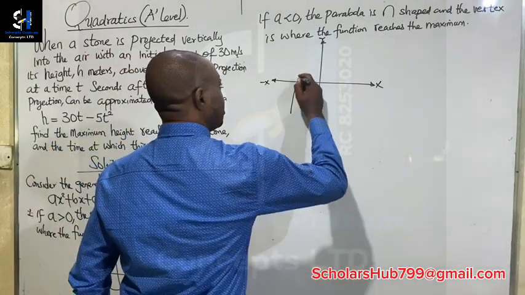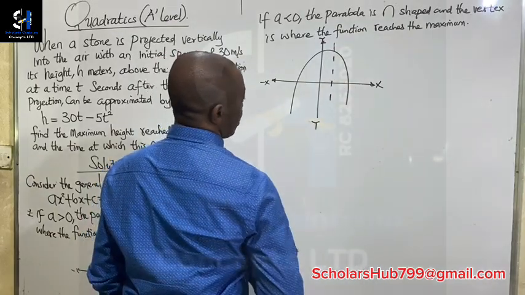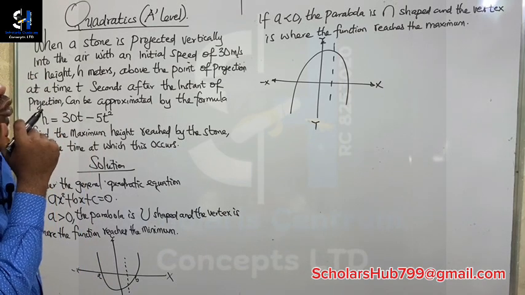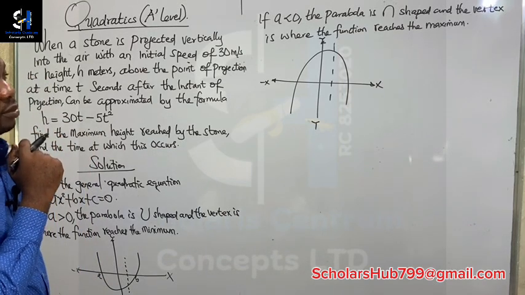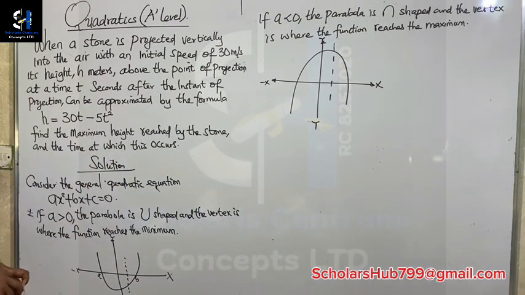So this will now become the maximum. So we're talking about the vertex: the vertex is where the function reaches the maximum.